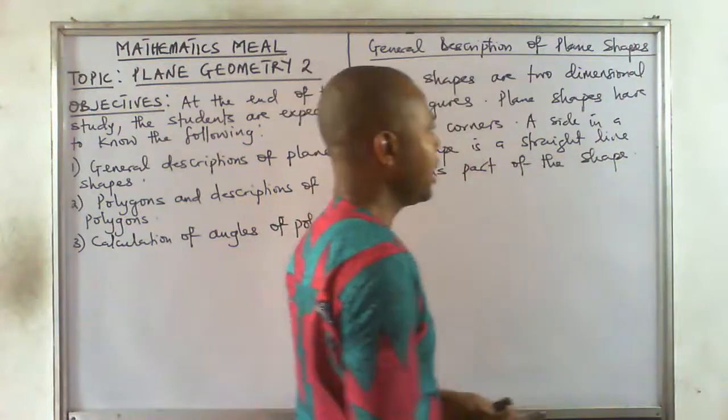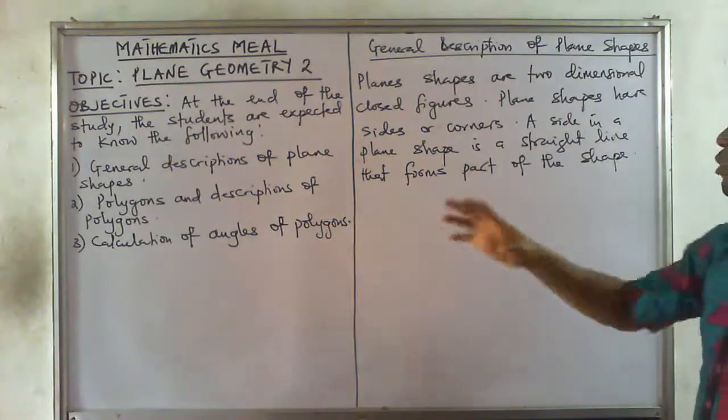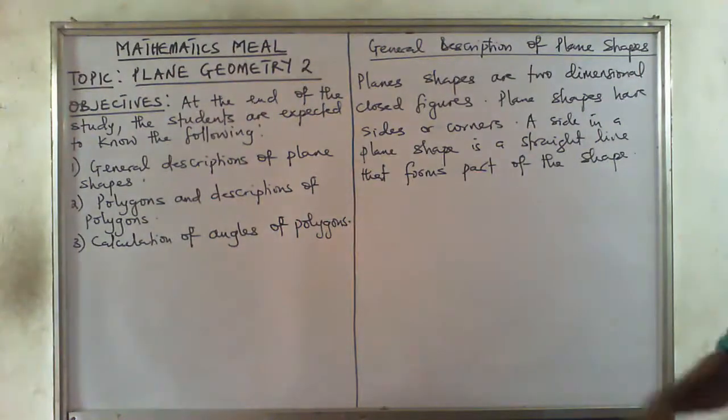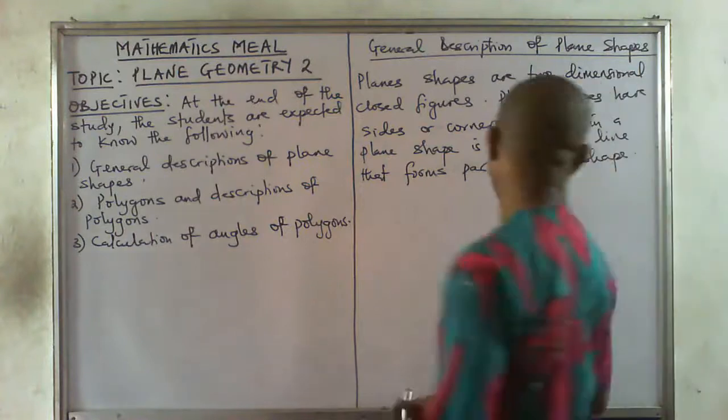So a side in a plane shape is a straight line that forms part of the shape.